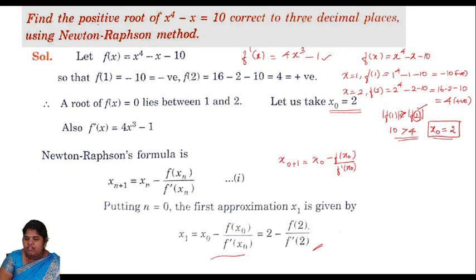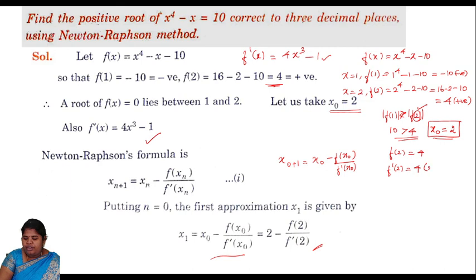Now substitute the values of f of 2 and f dash of 2. f of 2 we have found as 4. Now find f dash of 2. f dash of x is 4x cube minus 1.